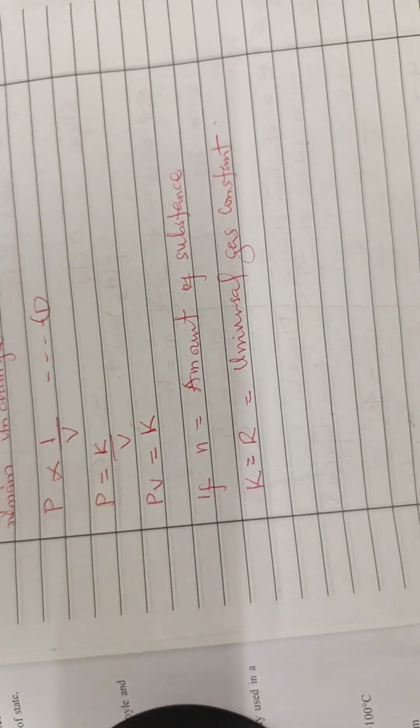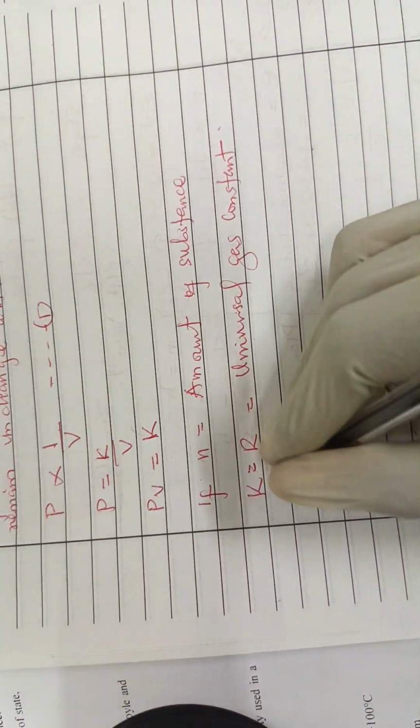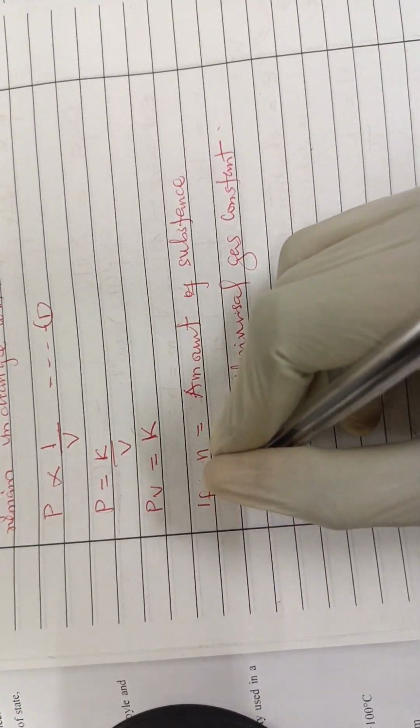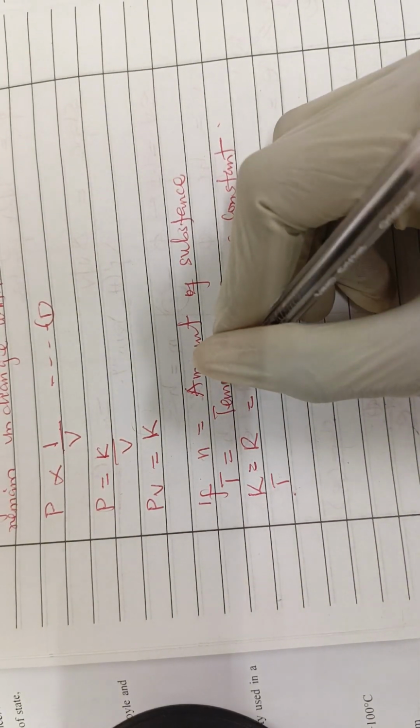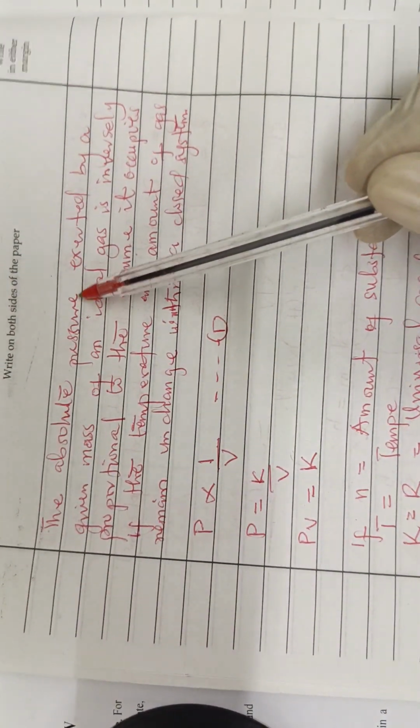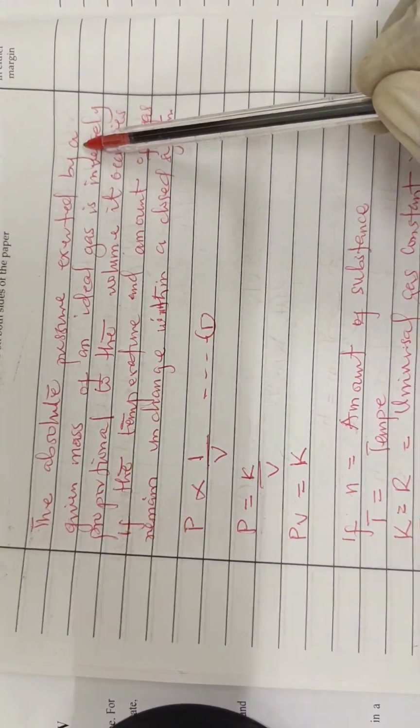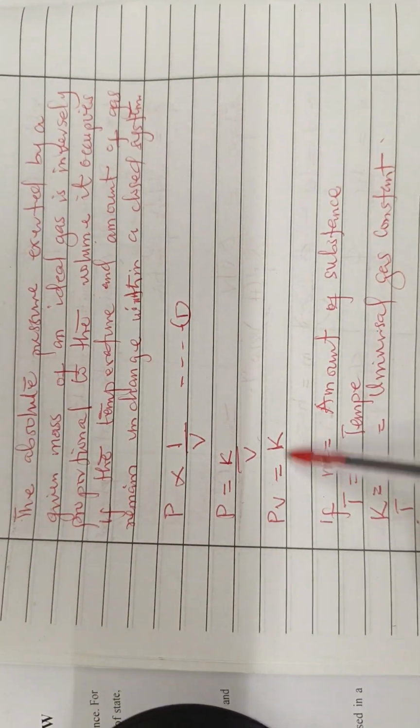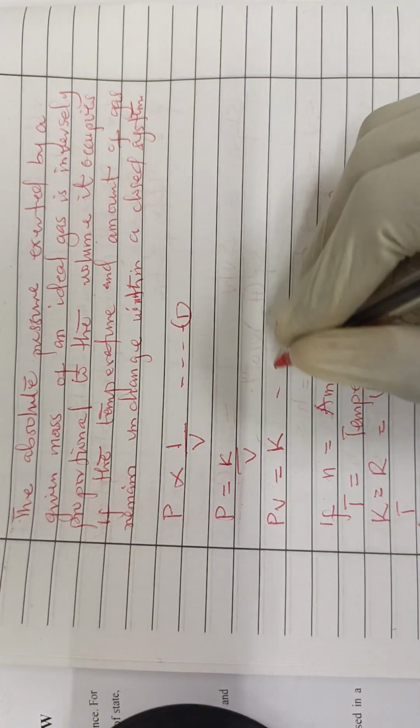And T is our temperature, at a constant temperature. So we are just continuing with this. We looked at the first part of the law and then we got this. Let's call this equation 2.